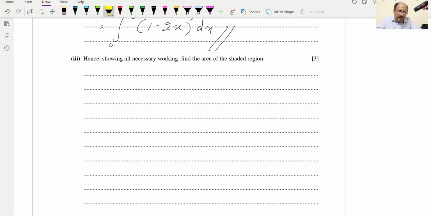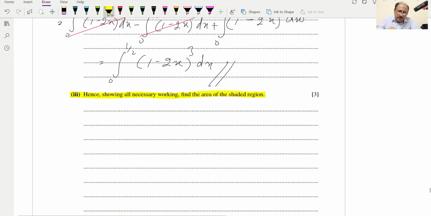And then the third part, which is the last part of this question, says hence, showing all necessary working, find the area of the shaded region. So we'll integrate the integral which we just found.